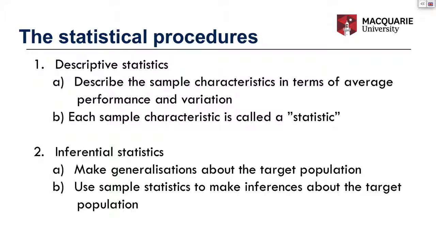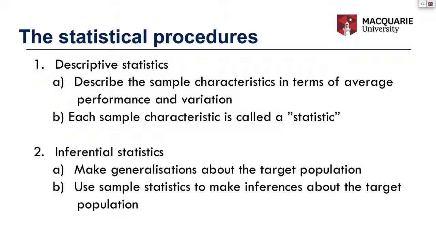Usually each sample characteristic is called a statistic. So mean, for example, or standard deviation, each of them is a statistic. And because we gather different sample characteristics, the term statistics comes in. Descriptive statistics means those statistics that describe the sample.